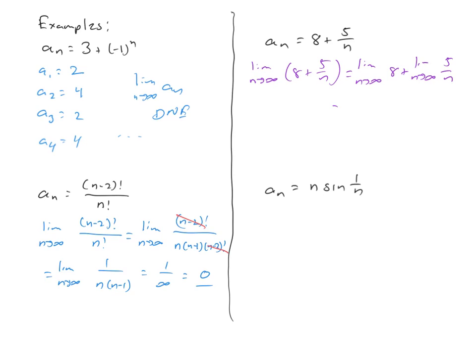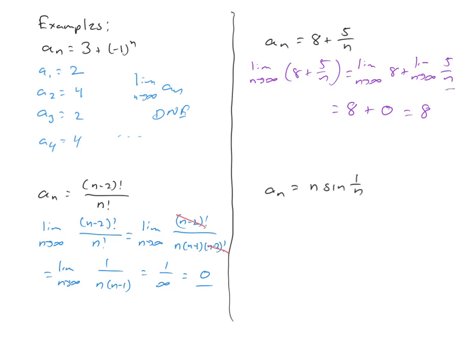The limit of 8 we already know is 8, plus the limit as n approaches infinity of 5 over n, which is just a constant divided by n, and as n gets very, very large, that goes to 0. So that's 8 plus 0, which equals 8.